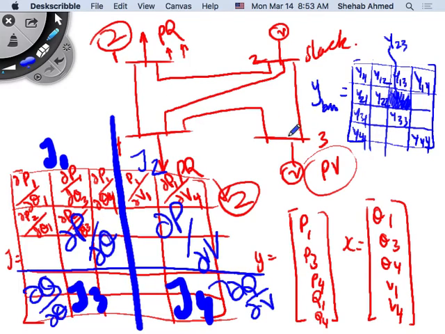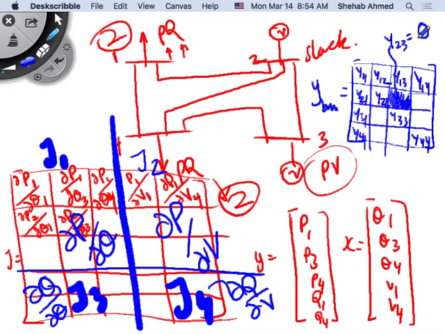Buses 2 and 3 are not directly connected, so the admittance between them is 0. There's no admittance between them. So Y23 is 0. Do we agree?